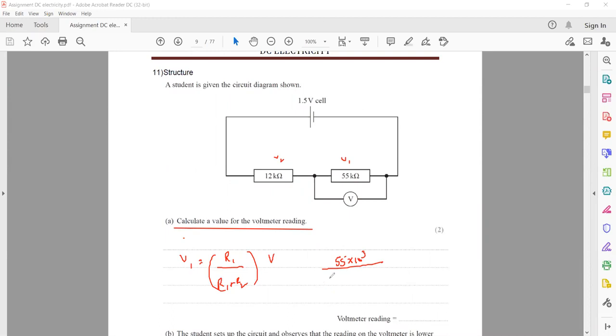So 55 × 10^3 plus 12 × 10^3, multiplied by the combined voltage. The combined voltage is 1.5. So this will give us the value of the V1 reading on the voltmeter. That will come out as 1.23.